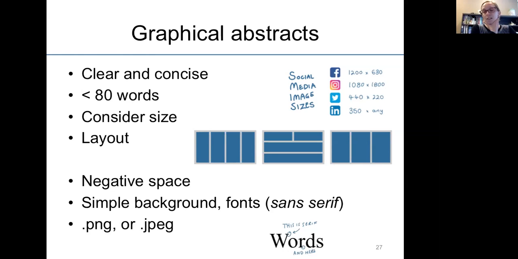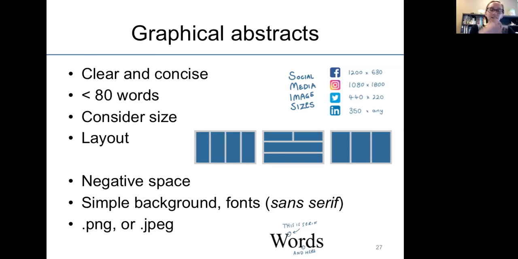You also want to consider negative space, so space without any images at all, because that is just as impactful, and it prevents you from overwhelming your audience's sensory capabilities.